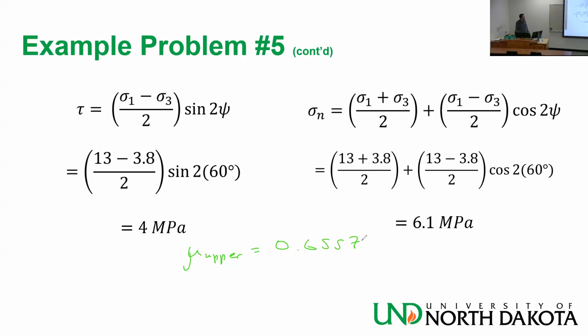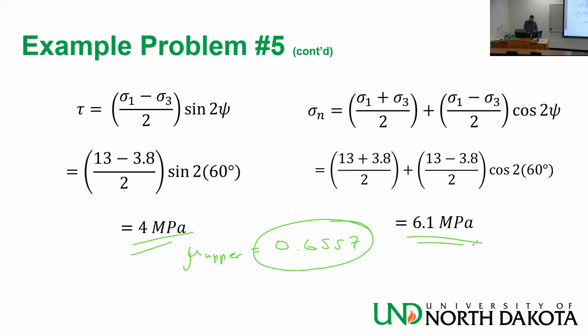Right? Because 4 is 0.6557 times 6.1. What if I have lower? I need to compare those values. So this tau is equal to mu times this.